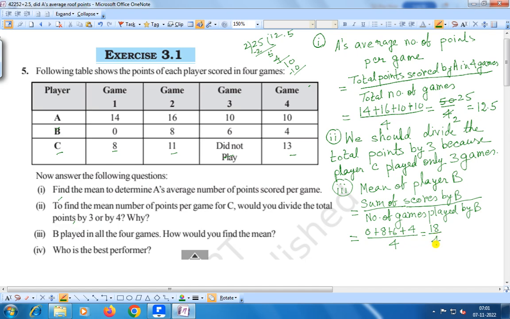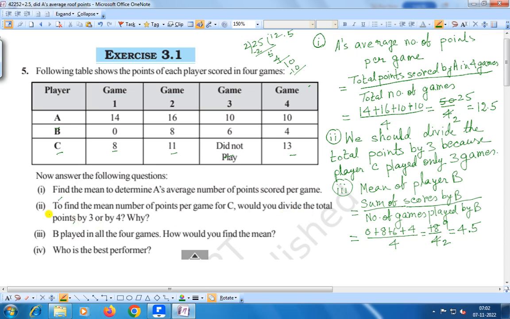Dividing, 2 nines are 18, and 9 divided by 2 comes to 4.5. Right? Now the next question is, who is the best performer? We have found the mean of A and B, but we haven't found the mean of C. Therefore, we'll find the mean of C first.